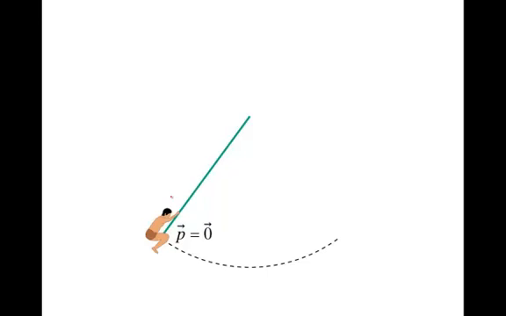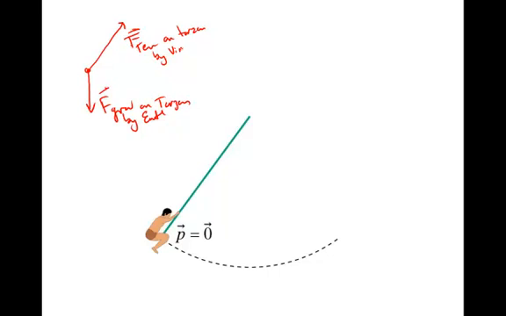And just to take a look at the forces on the, I guess it's Tarzan at this point. So we have F grav on Tarzan by Earth, and we have F tension on Tarzan by vine.